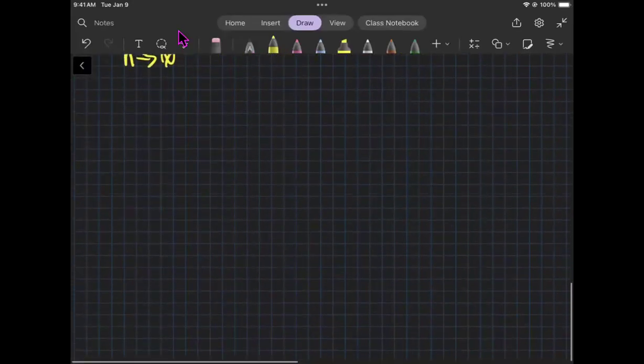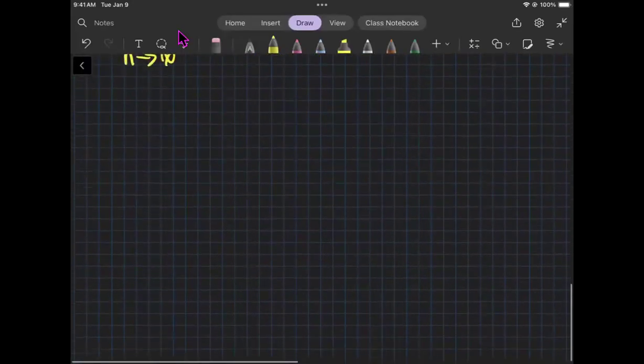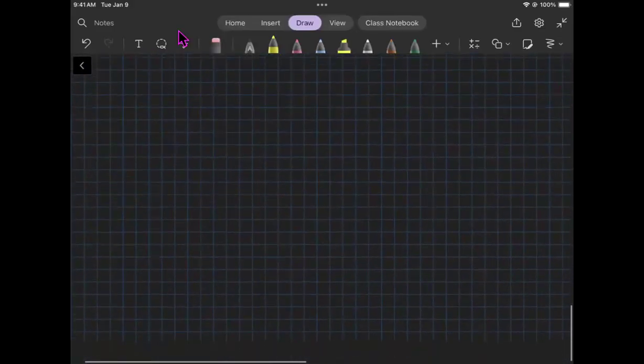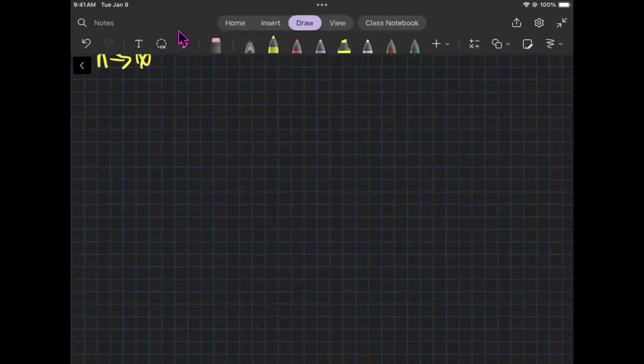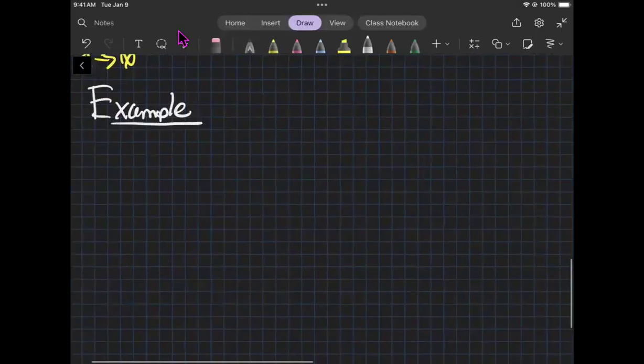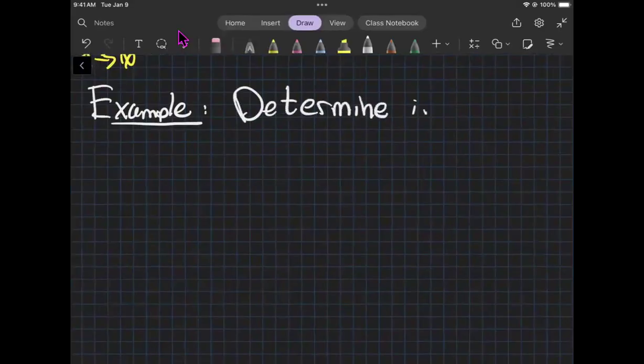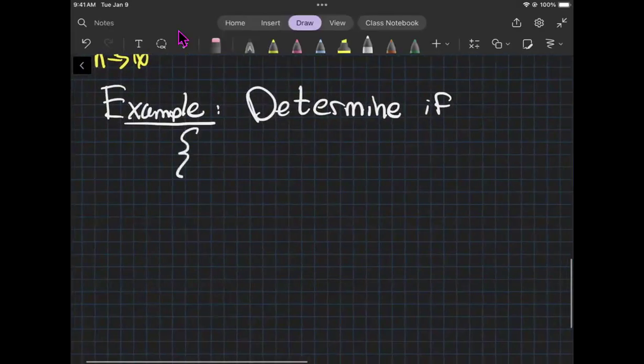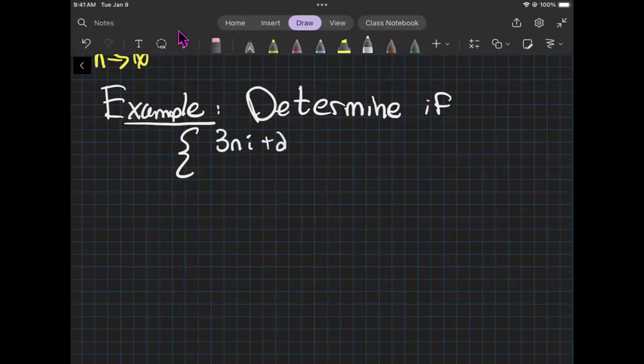Okay, so let's look at an example. Determine if this sequence, (3n times i plus 2) divided by (n plus n times i), converges or diverges.